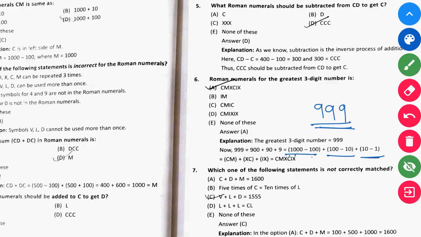How do you write 1000 minus 100? 100 means C and 1000 means M, so CM. 100 minus 10 is represented as XC and 10 minus 1 is represented as IX. So this is 999.